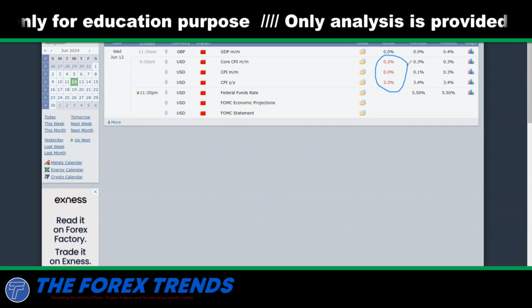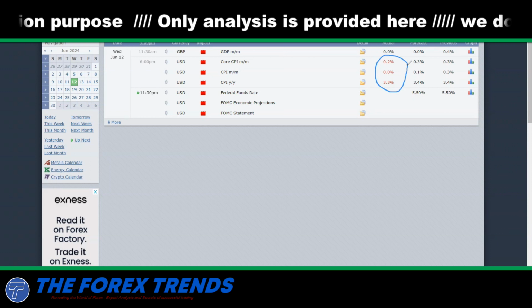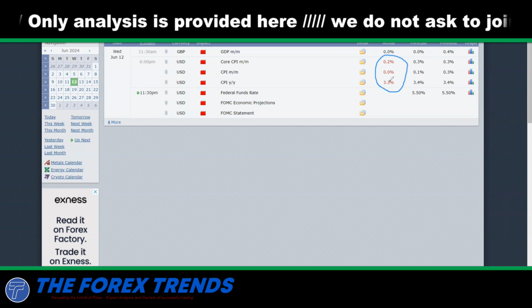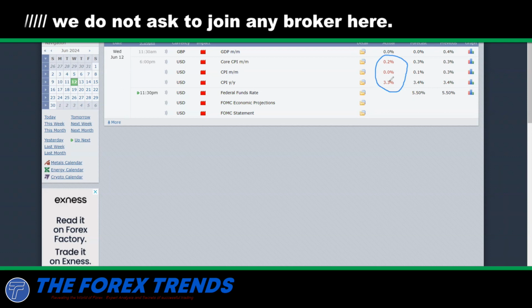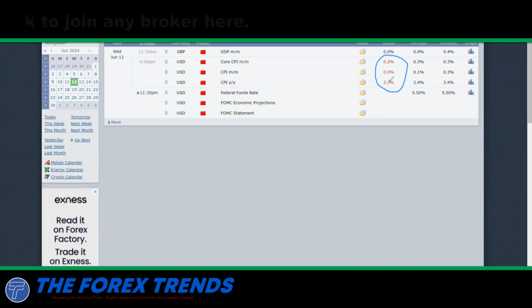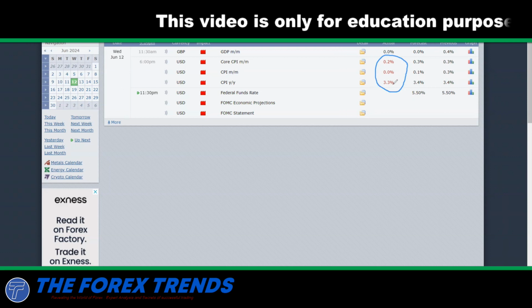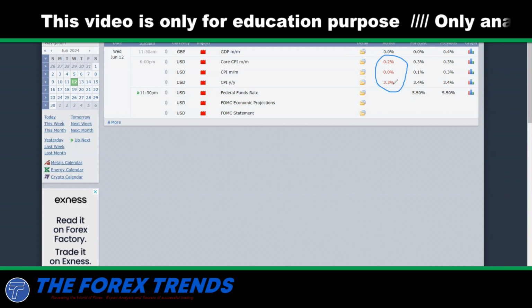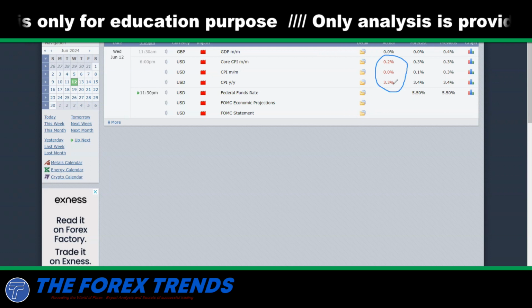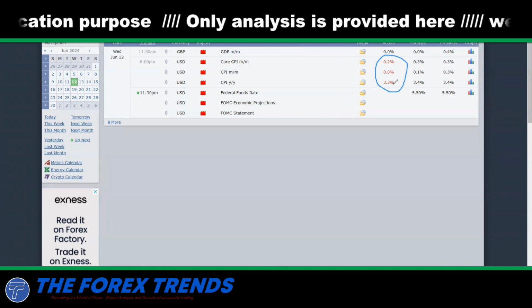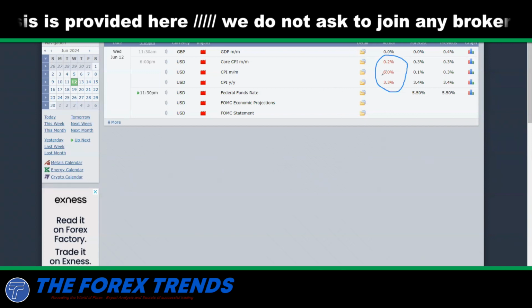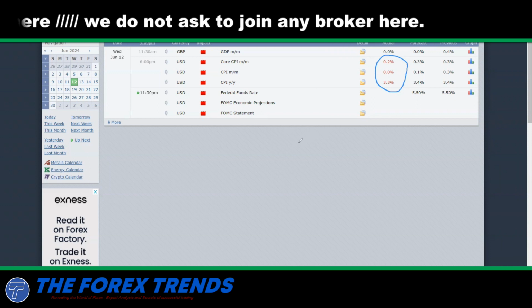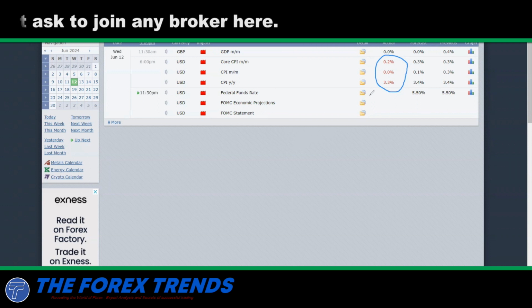Okay, that means the consumer price index showed no increase in May as inflation slightly loosened its stubborn grip on the US economy. Okay, guys, that means inflation in the US is slightly cooling down.